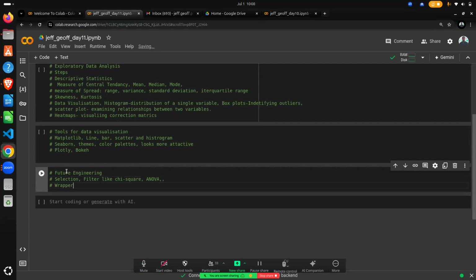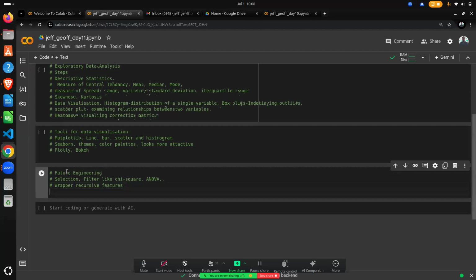You're going to deal with wrappers, and these wrappers can be recursive features. Don't worry about this, but if our data requires us to use that scaling, then we will go up to it. But for now, our main focus is basically to look at, even you can use embedded.